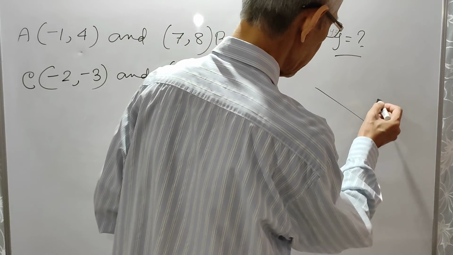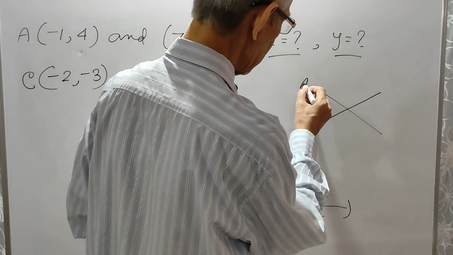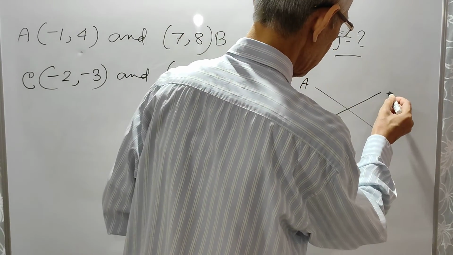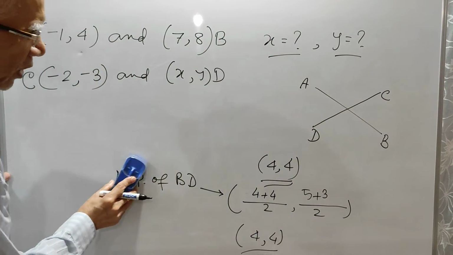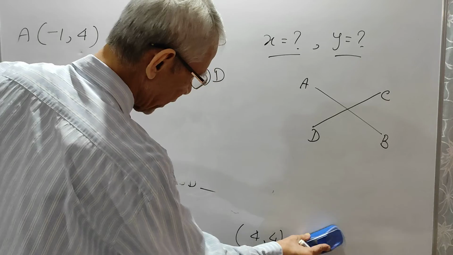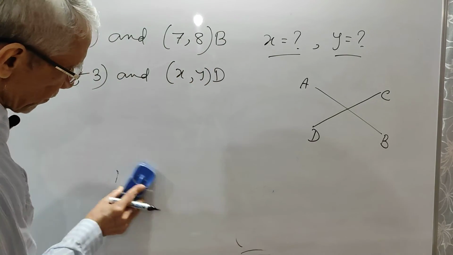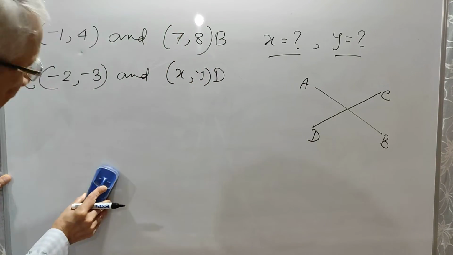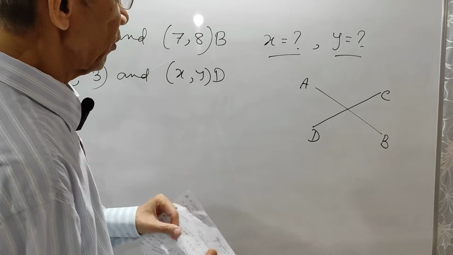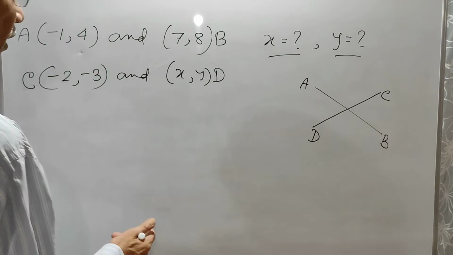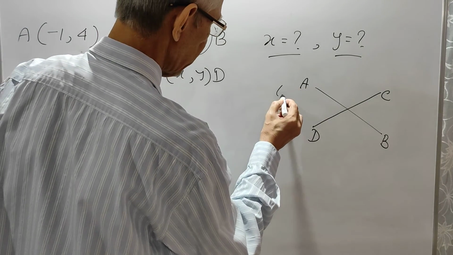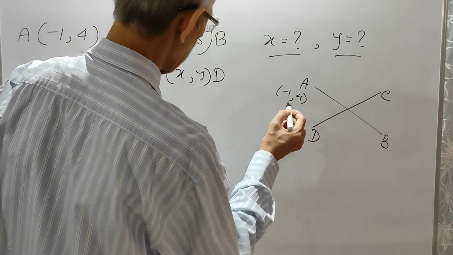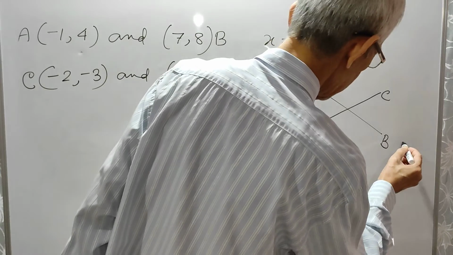It is given. You have to find the values of x and y. All right. So A is -1, 4, and B is 7, 8.